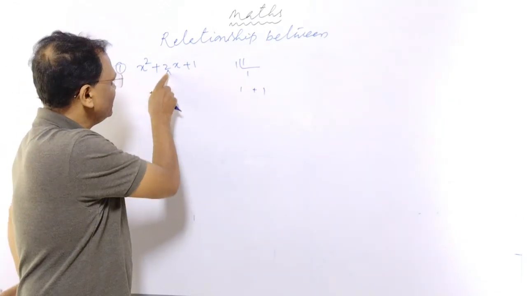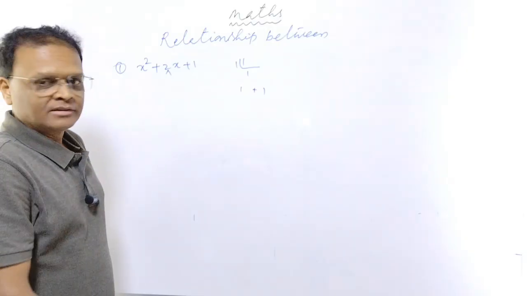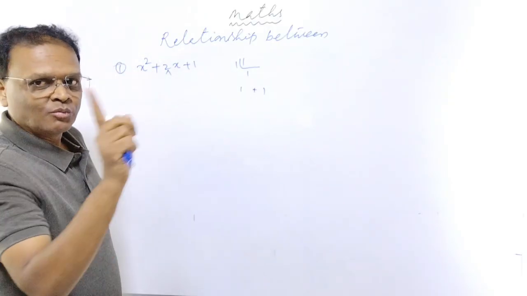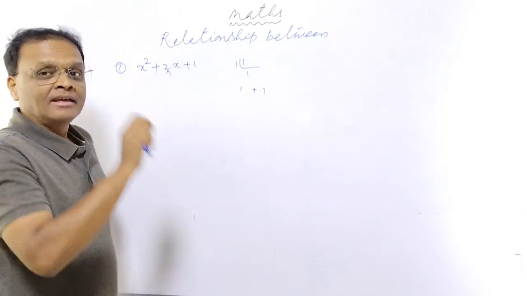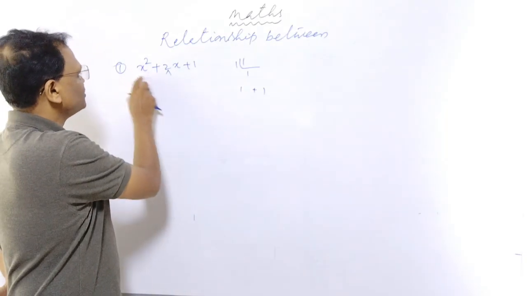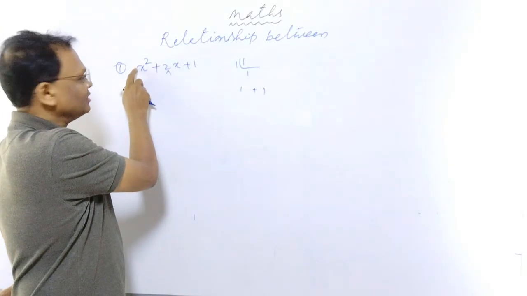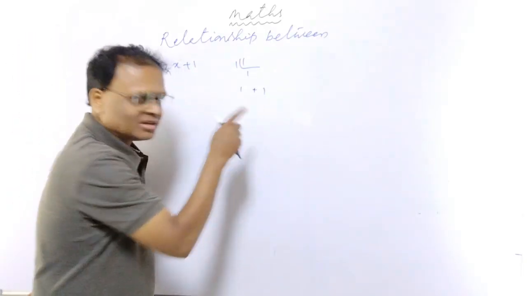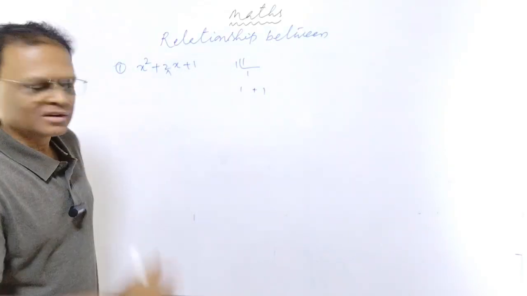Adding these two should give the middle term. Second, if you multiply 1 into 1, you get 1, which must be the same as coefficient of x square times the constant, 1 into 1, 1. Here also I am getting 1. That means these two are my perfect numbers.